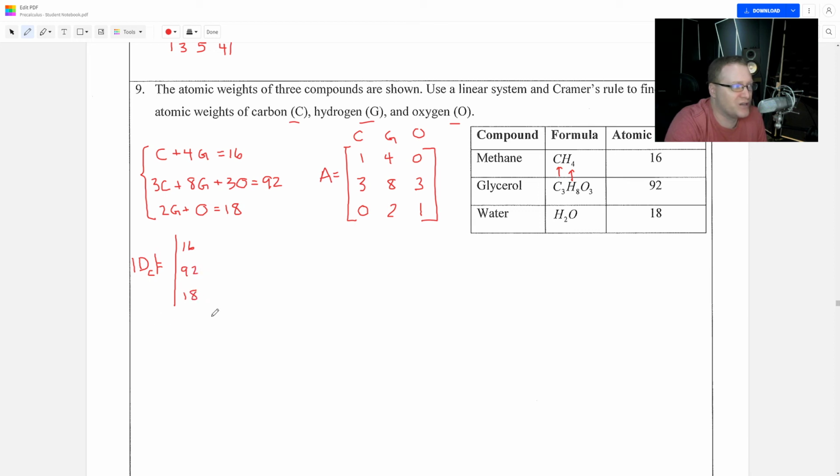I'm just now realizing that these are going to be some big numbers, so I'm probably going to have to pull out my calculator. So we're going to have 16, 92, 18, and then the rest of this is going to stay the same: 4, 8, 2, 0, 3, 1. And so we're going to have to find this.